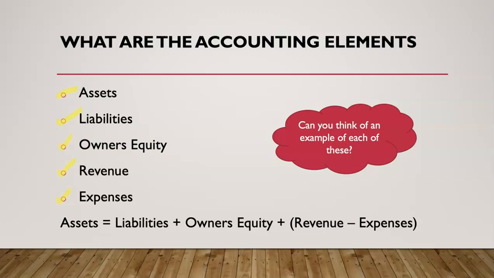Hopefully, if you've done Year 11 accounting, you can think of some examples that fit into assets, liabilities, and so on. And you might even remember this thing called the accounting equation down the bottom. But now, let's go through what I mean by these 5 accounting elements.